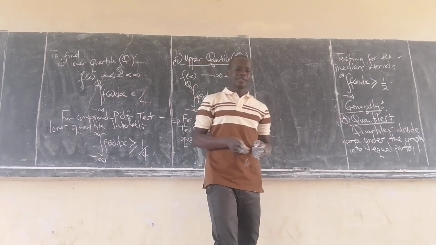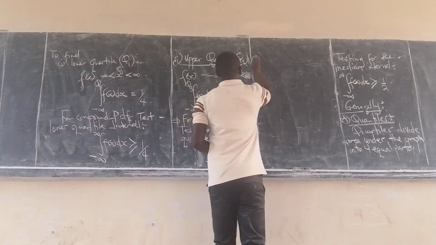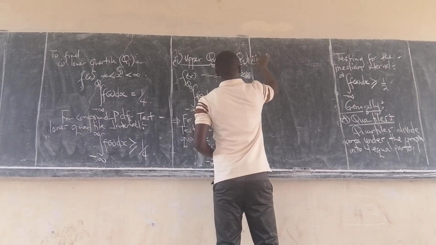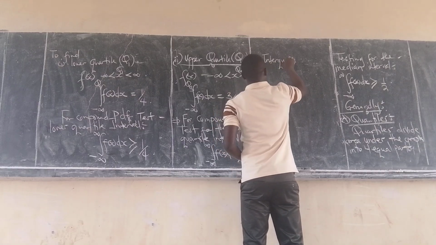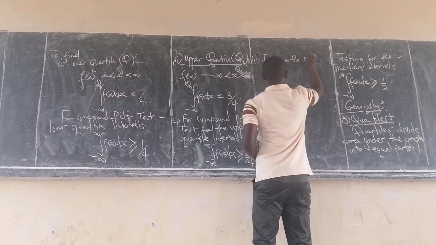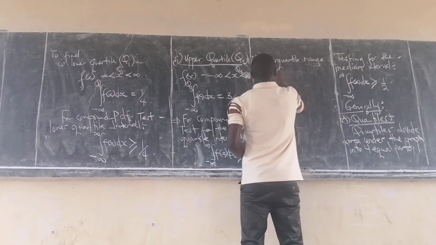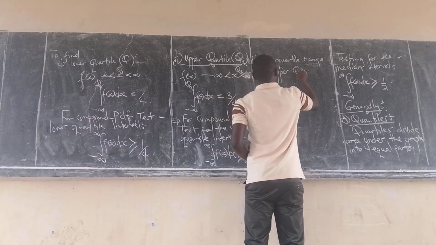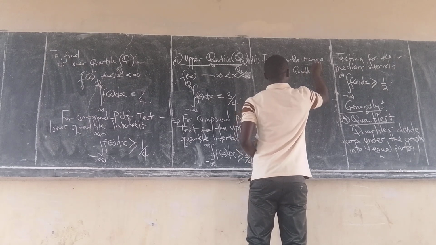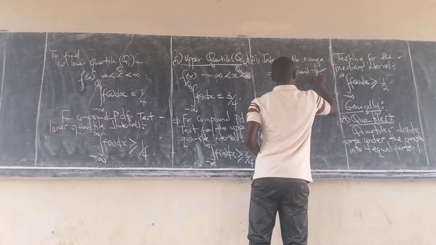Then after finding it, if the question is calling for the interquartile range, you will generate it from the upper quartile minus the lower quartile.